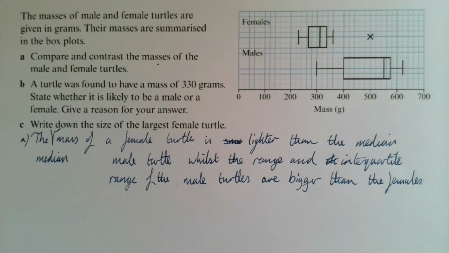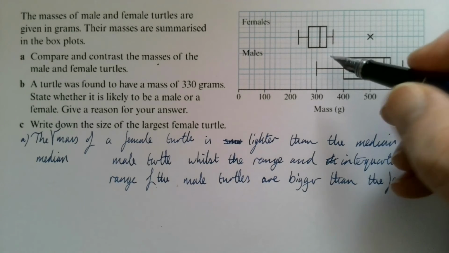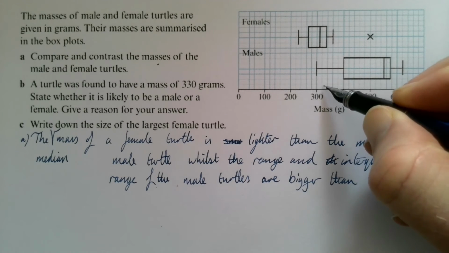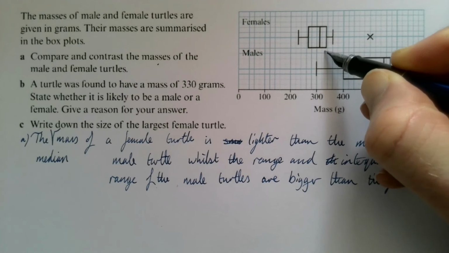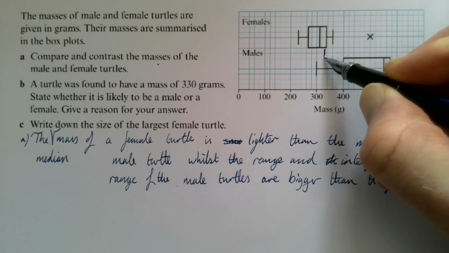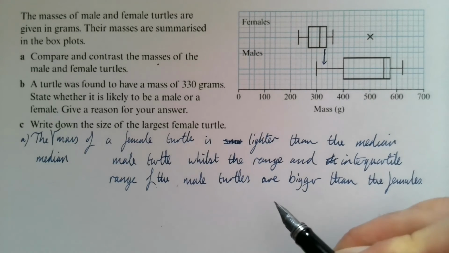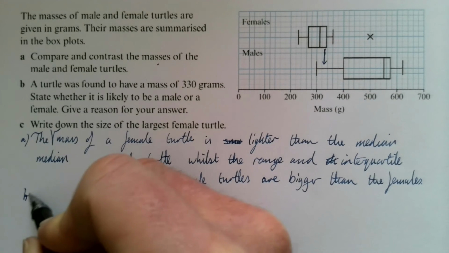B. A turtle was found to have a mass of 330 grams. State whether you think it's likely to be a male or a female. Well, 330, that's 20, 40, so 330 is just about there, isn't it? Just at that point. Well, it's more likely to be female.